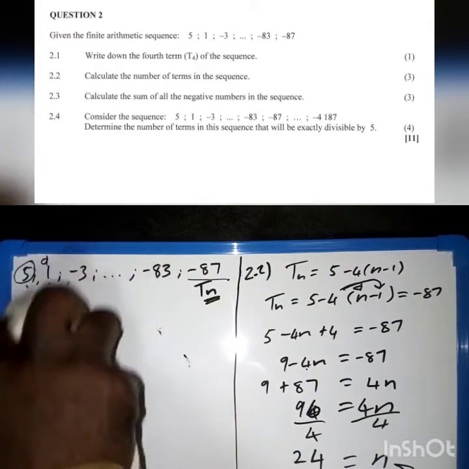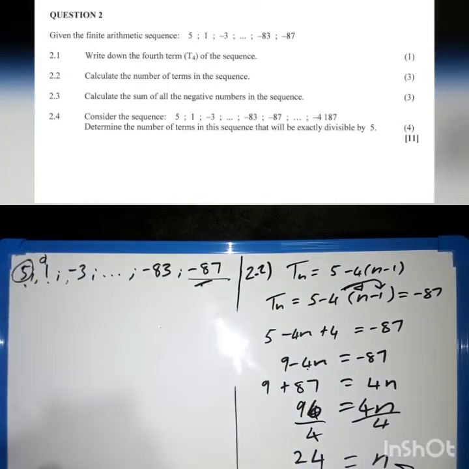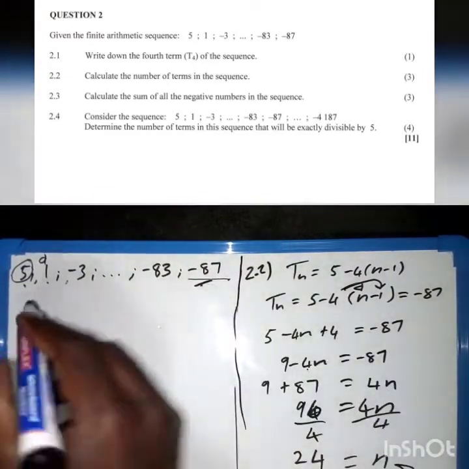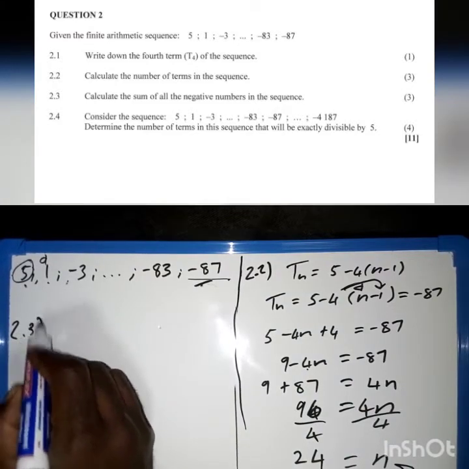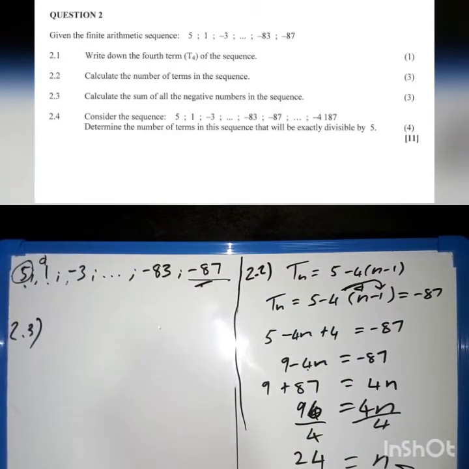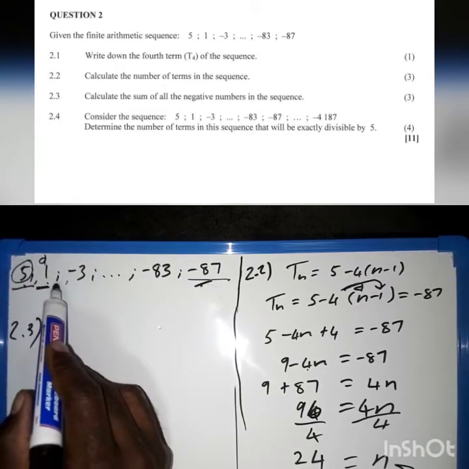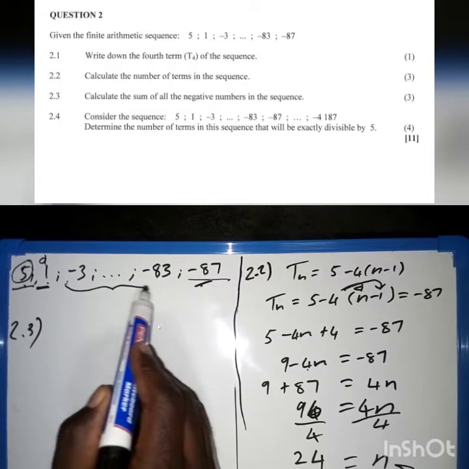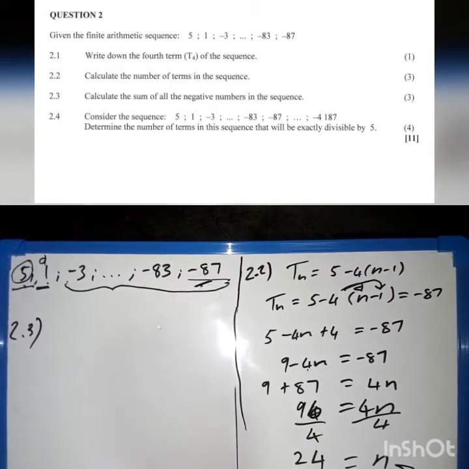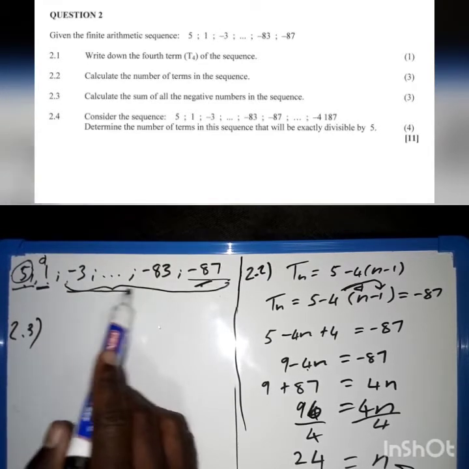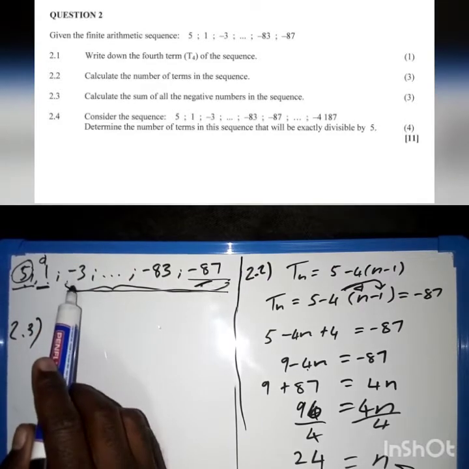Now, question 2.3 says calculate the sum of all the negative numbers in the sequence. Since these are the only two positive numbers we have, and starting from negative 3 we have negative numbers, they want us to calculate all the numbers starting from negative 3.